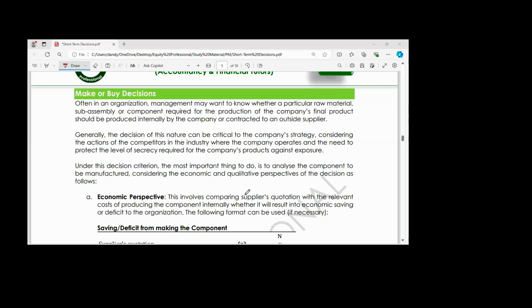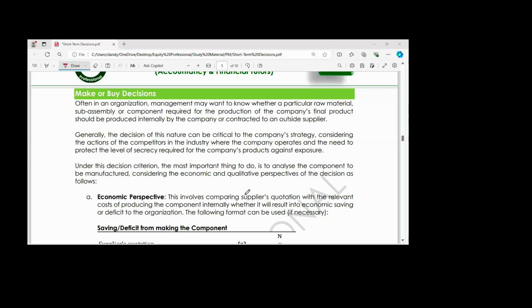Now, let us discuss the concept. Often within an organization, management may be thinking on whether a particular raw material, sub-assembly, or component required for the manufacturing of the company's final products should be produced internally or contracted to an outside supplier.